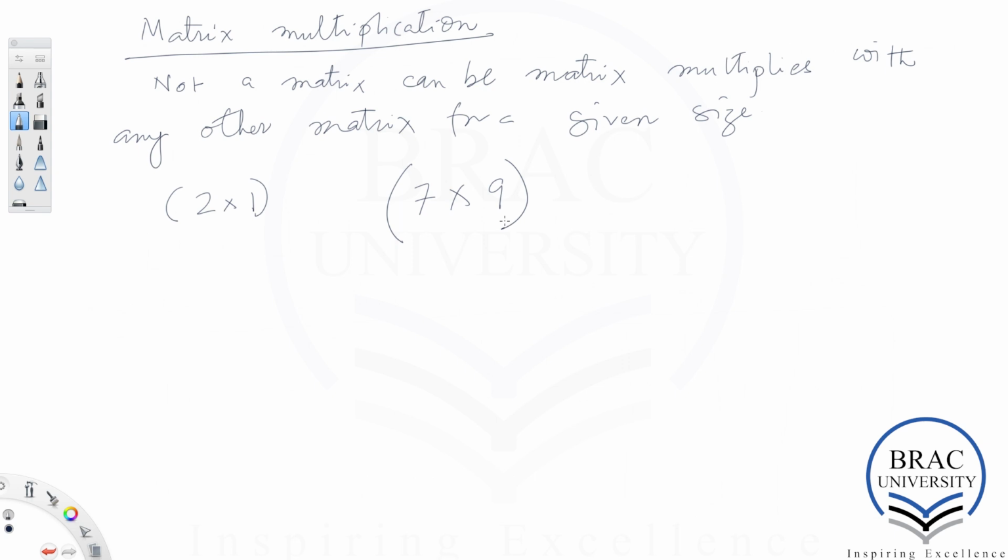So what does that mean? The columns of the first matrix should be the same in number as the rows of the second matrix.